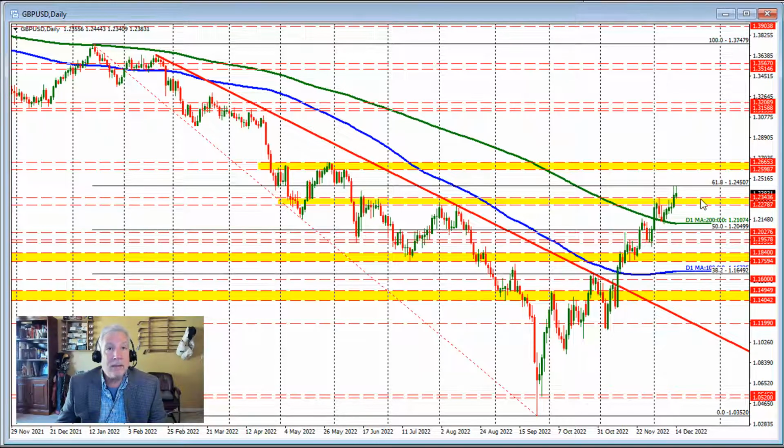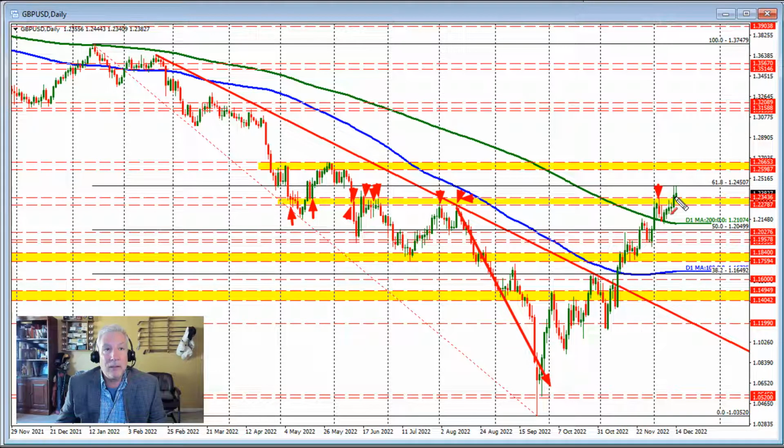Now, the low price that we saw came down to 1.2341. That stayed above this swing area here, the swing area defined by different highs and lows going back to the months of May, June and July, before rotating to the downside. We came up to that level in early December, and we moved above it the last two trading days.